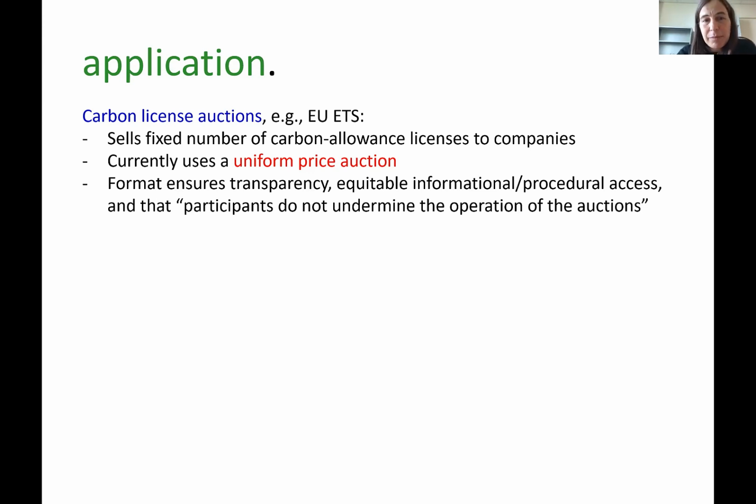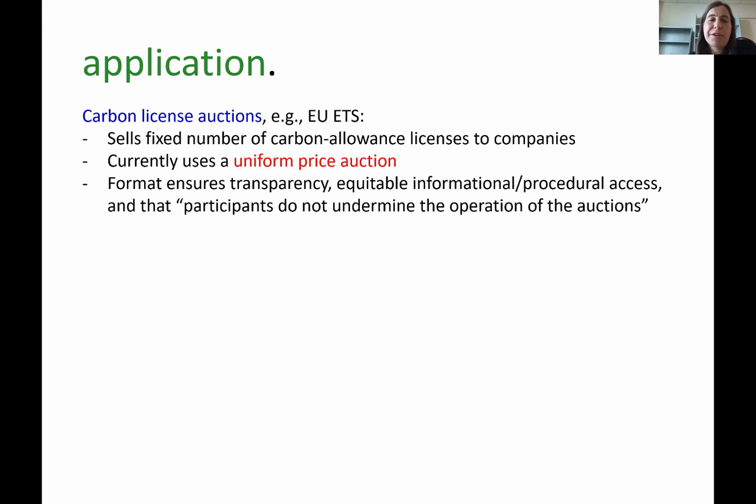But before I get there, I just want to mention that this uniform price auction was chosen by the EU ETS to achieve several objectives. There's obviously the efficiency concern that I mentioned earlier, but you can read in the copious amount of documentation from the EU about this auction format that they wanted to use uniform price auctions because they ensure transparency.